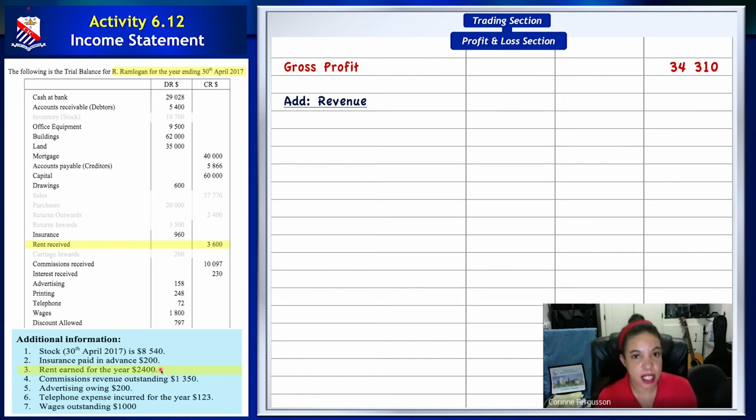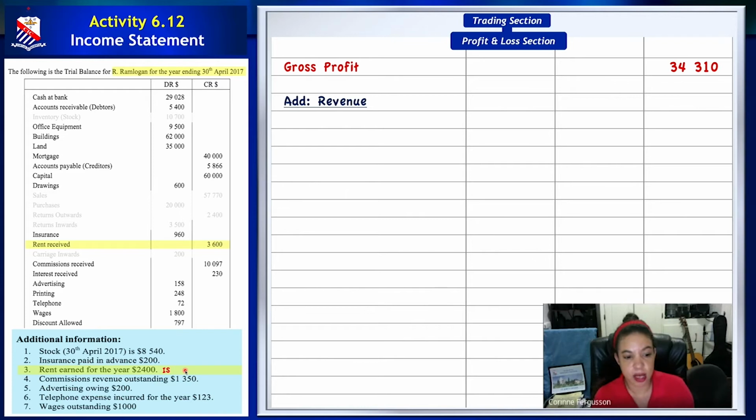The fact that it said the rent earned is $2,400 is telling you how much is actually going into the income statement. So we don't have to do any calculations for the income statement. We will have to do calculations to find out which is the accrual or prepayment for the balance sheet. But for now, remember what goes into your income statement: the revenue earned.